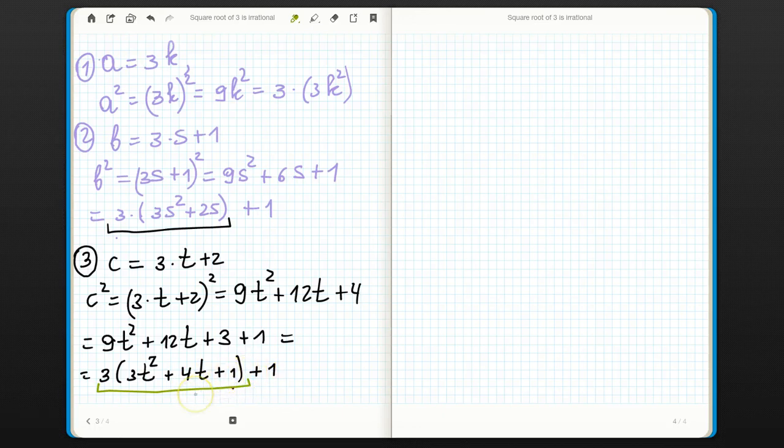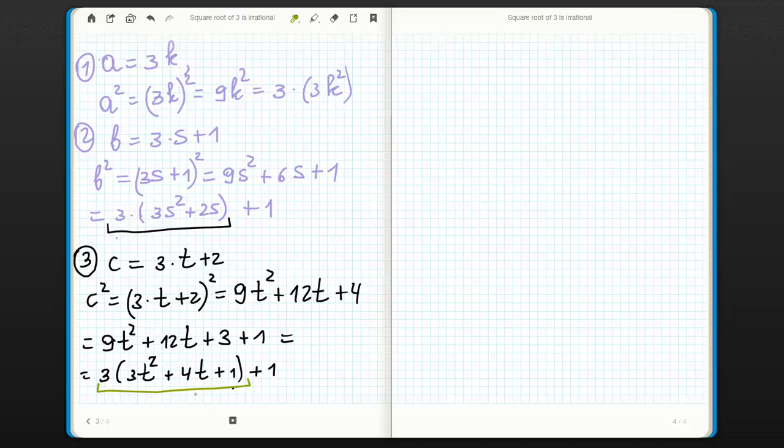So once again we had 3 cases. a was divisible by 3, and the square a squared is also divisible by 3. In the second and third cases, we had the results that b squared is not divisible by 3, and c squared either.